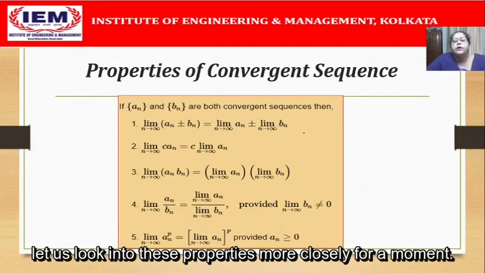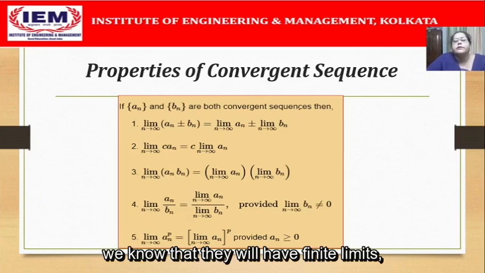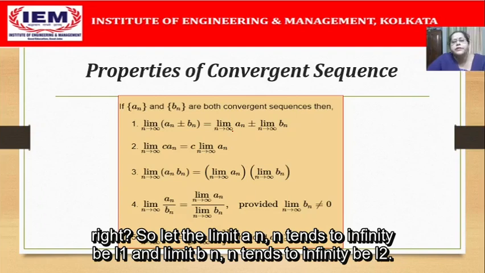Now let us look into these properties more closely for a moment. See that if a_n and b_n are both convergent sequences, we know that they will have finite limits, right? So let the limit of a_n as n tends to infinity be L1 and limit of b_n be L2.